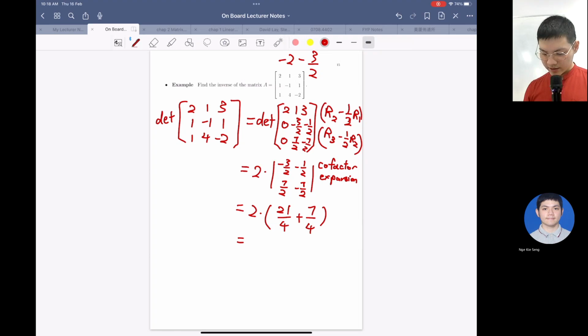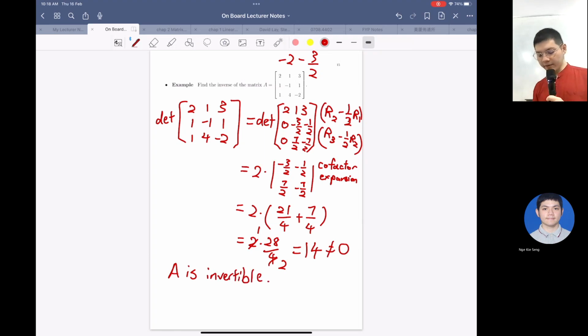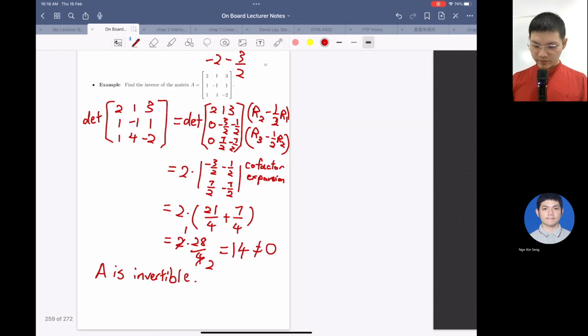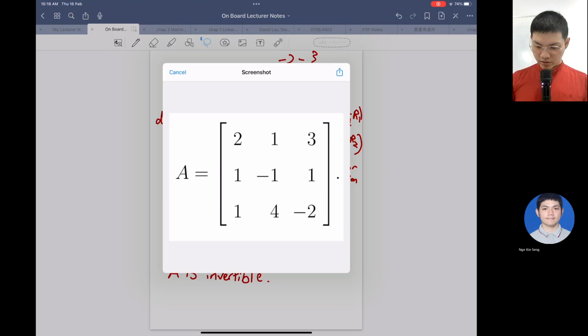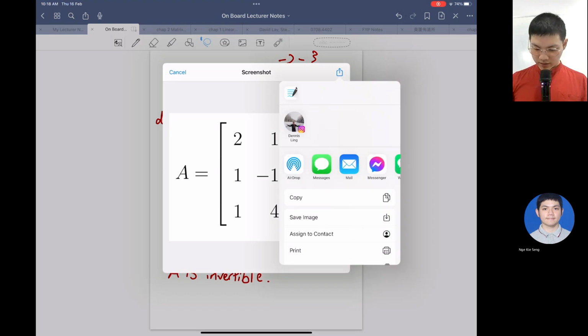So I get 2 times 28/4, which equals 14, which is non-zero. So A is invertible. After A is invertible, we can use Cramer's method. Let me copy this.